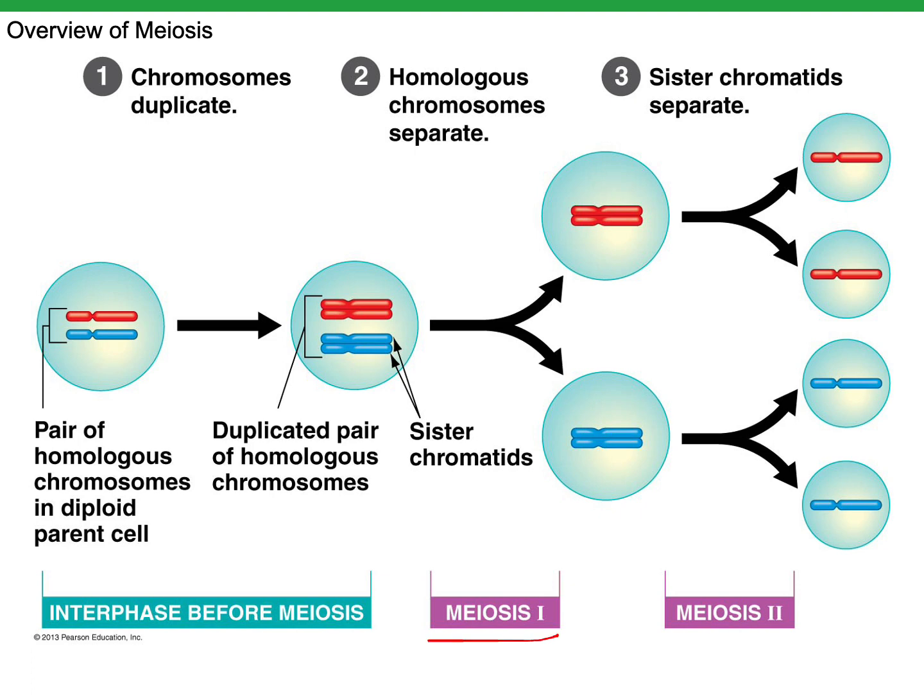So you have meiosis 1 and meiosis 2. In meiosis 1, homologous chromosomes separate. In meiosis 2, sister chromatids separate, thus resulting in 4 daughter cells, which we call gametes.